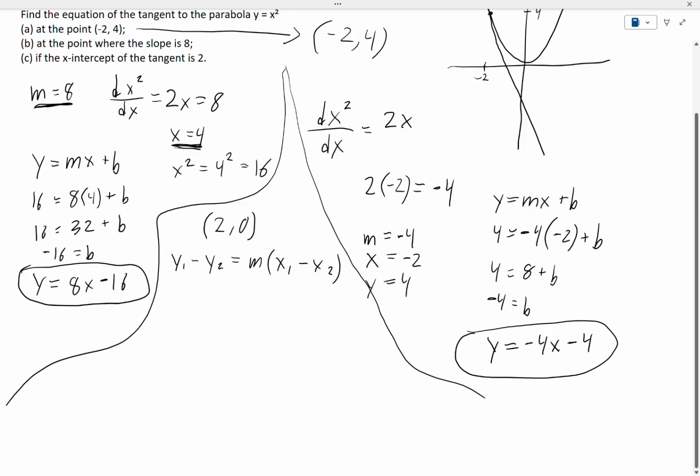And I'll say that the x2 and y2 are this point right here that I was given. So I'm just going to fill in those values. y1 minus 0 is equal to m times (x1 minus 2). If I simplify this, you can see that this 0 doesn't really matter, and we get y1 is equal to m times (x1 minus 2). So this is the equation for the tangent.